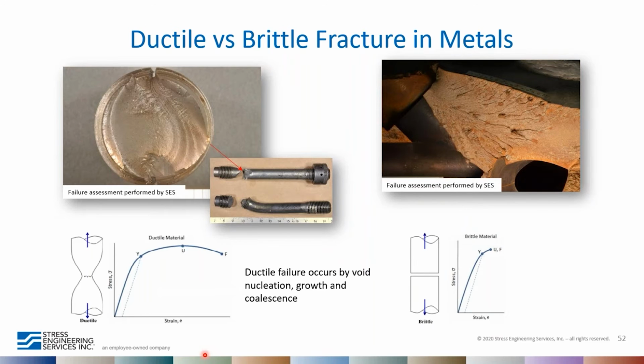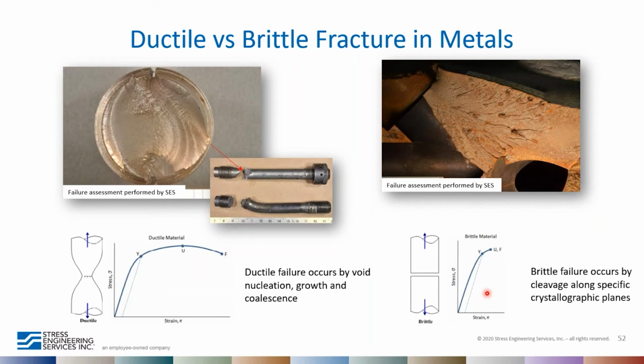On the other end of the spectrum, we have brittle failure, which, in the image on the right, you might recall from the frac stack we looked at in part one. So the failure nucleates at some point and then it quickly propagates through the material. The stress strain curve shows a lot less plastic deformation. The area under the curve is much lower. And so these cleavage fractures don't really absorb a lot of energy. They can be very sudden and catastrophic in nature.